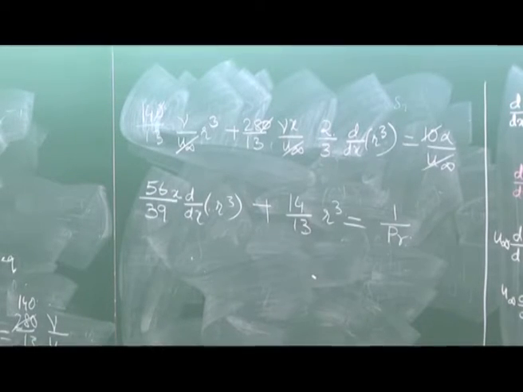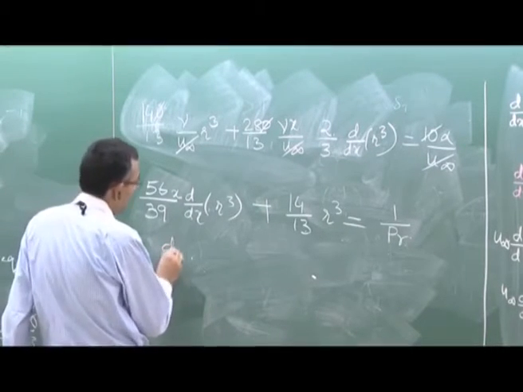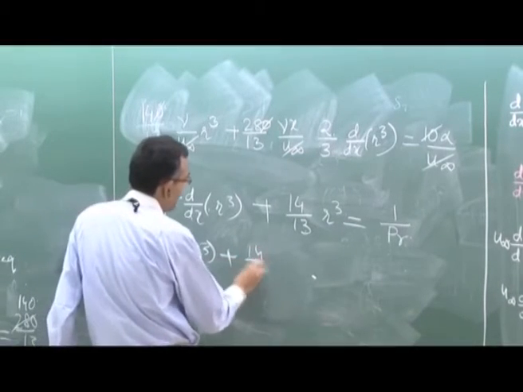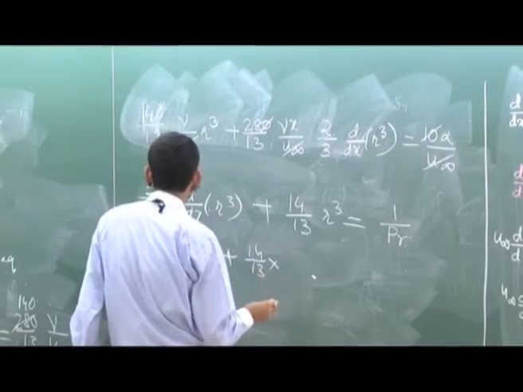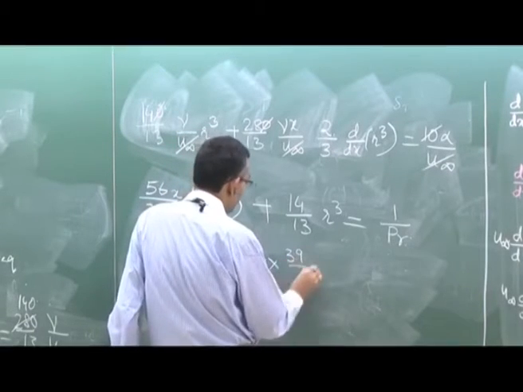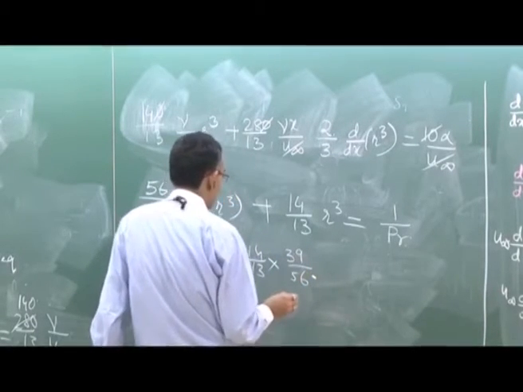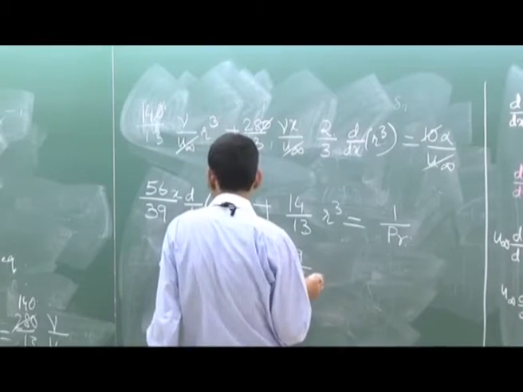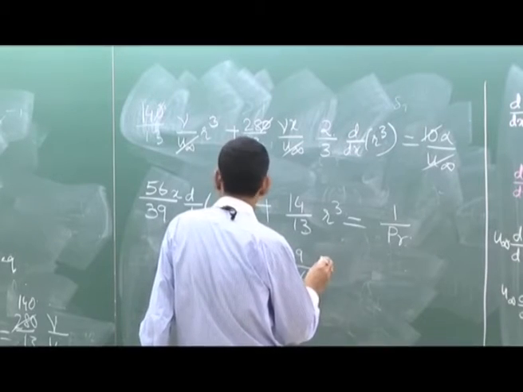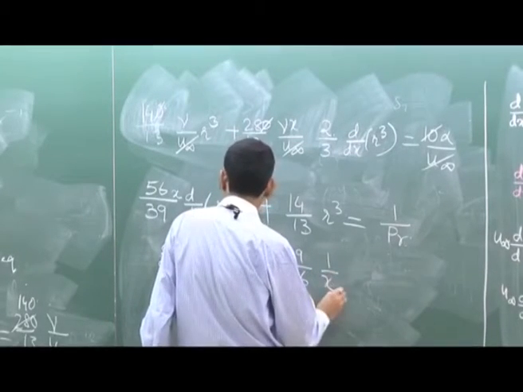Just check whether this is correct or not. So we can write d dx of r cube plus 14 by 13 into 39 by 56 into 1 by x.